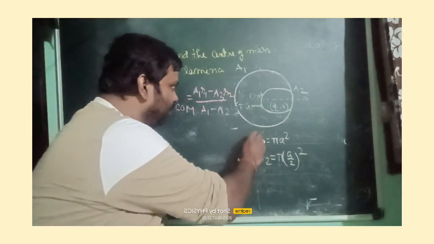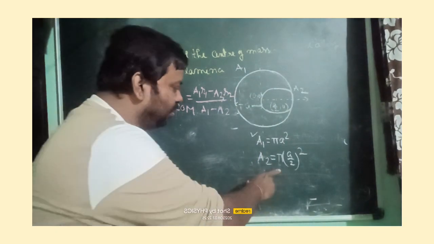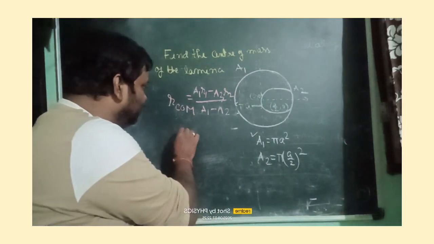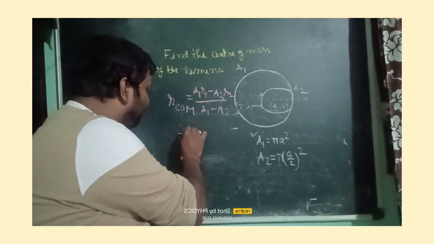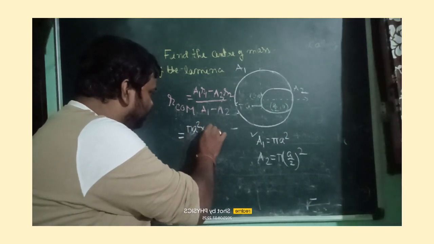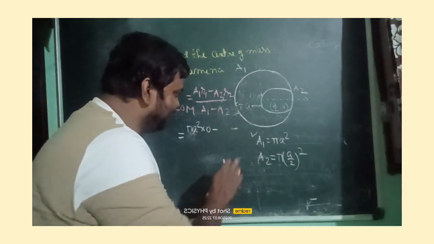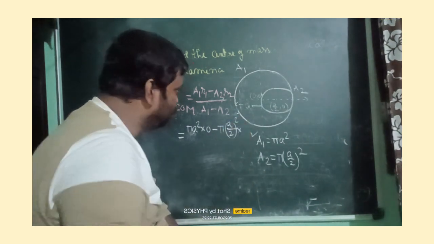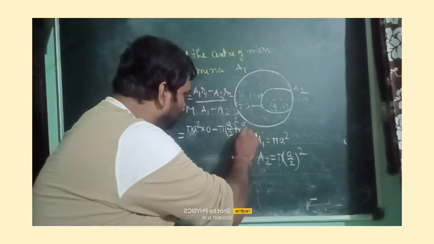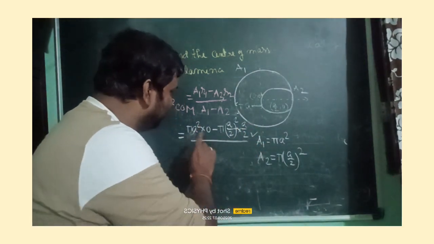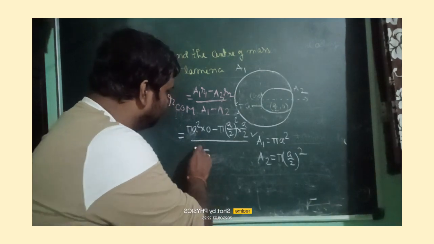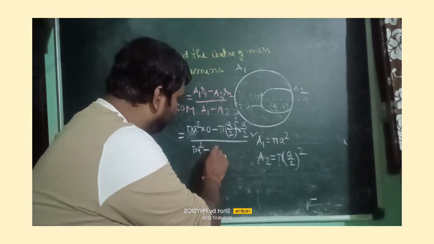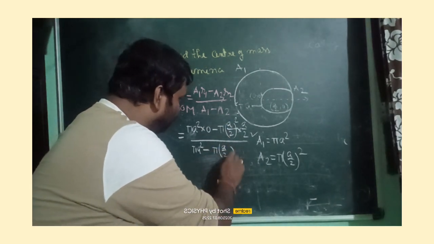Now the position of A1 is 0, 0, and for A2 it is A by 2. Now writing it, A1 is pi A square into 0, minus A2, which is pi into A by 2 whole square, into R2, which is A by 2, divided by A1 minus A2, that is pi A square minus pi into A by 2 whole square.